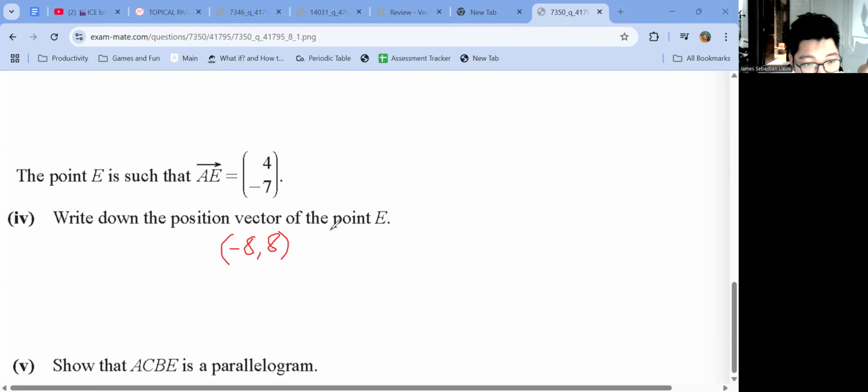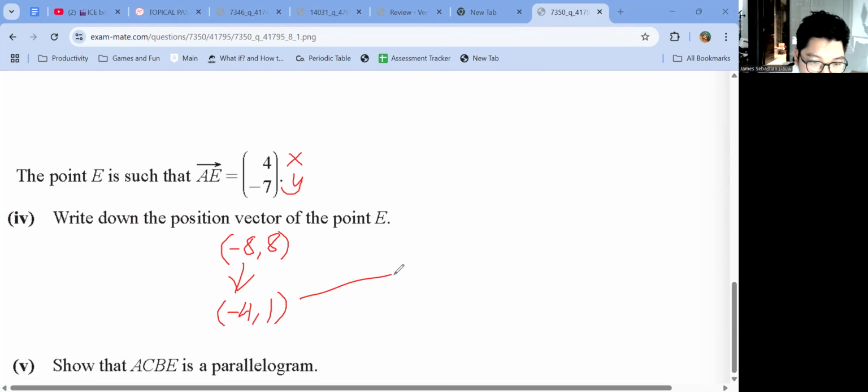So this is x and this is y. To find the parts of E, you just need to translate the x coordinate by 4, which means you add 4, and then the 8 you just add by minus 7. And this allows you to clearly see that it's x then y.